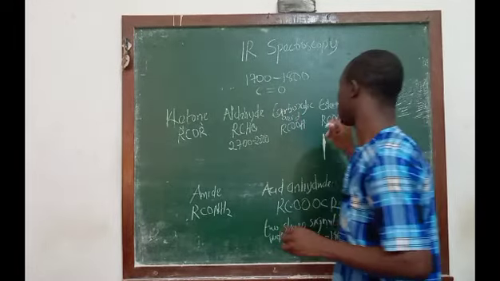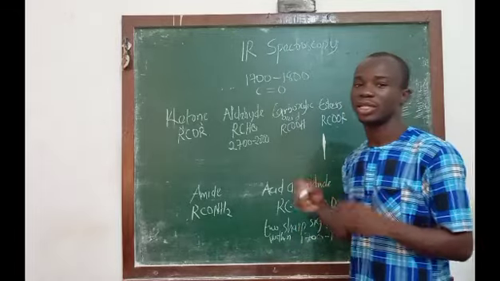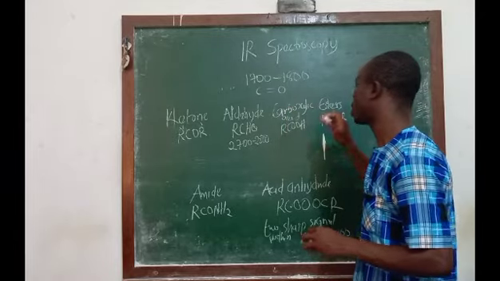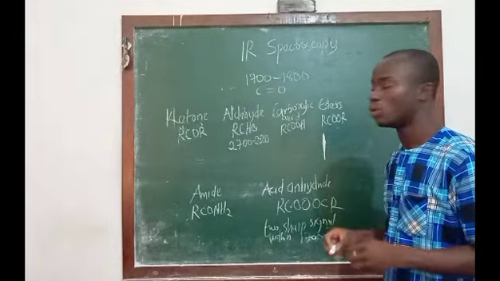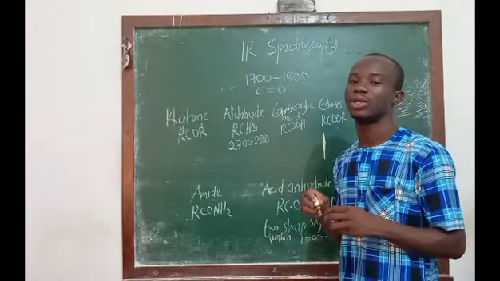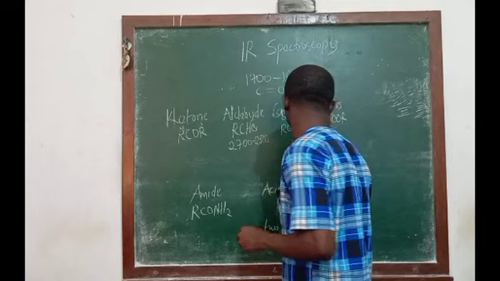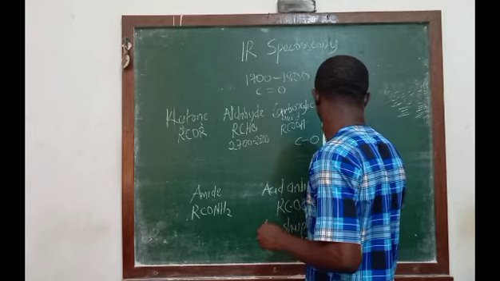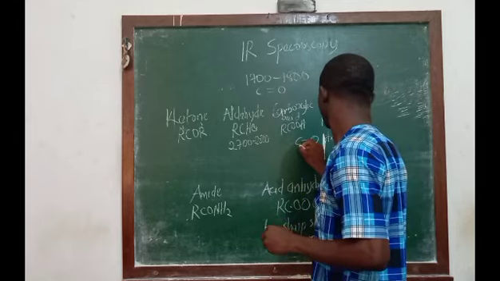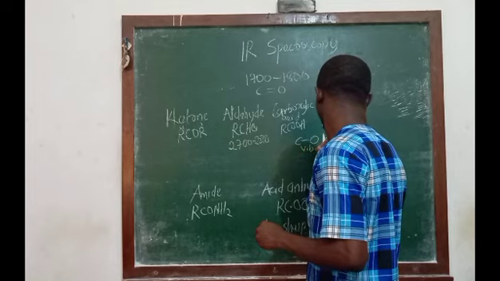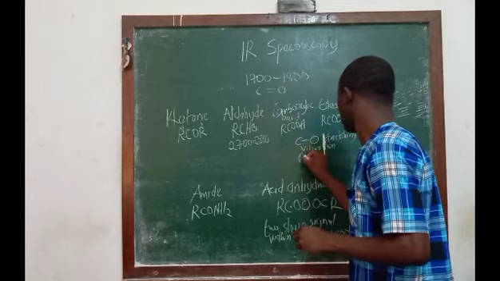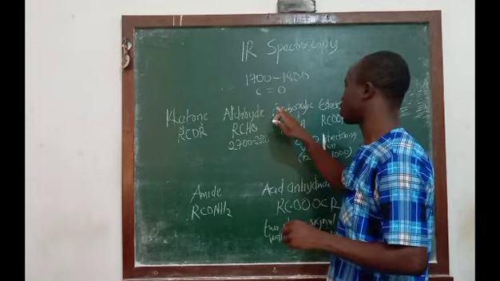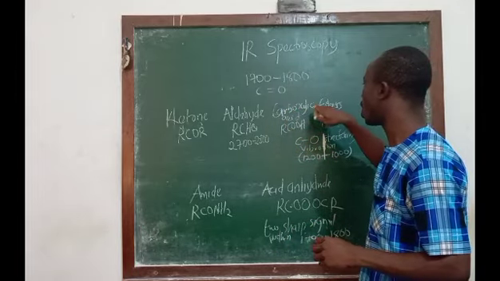Now another one that I also want to talk about is these two. For these two compounds, one way of identifying them is by checking for the C single bond O stretching vibration, because they are the two compounds that contain a C single bond O. The signal for the C single bond O stretching vibration is found between 1200 and 1000. If you find a signal there, that confirms that you are having a carboxylic acid or an ester.